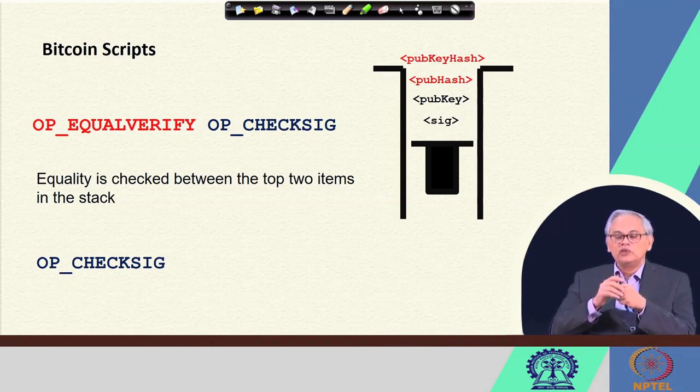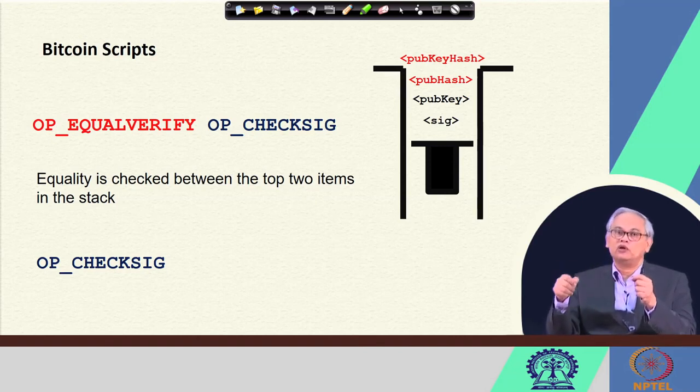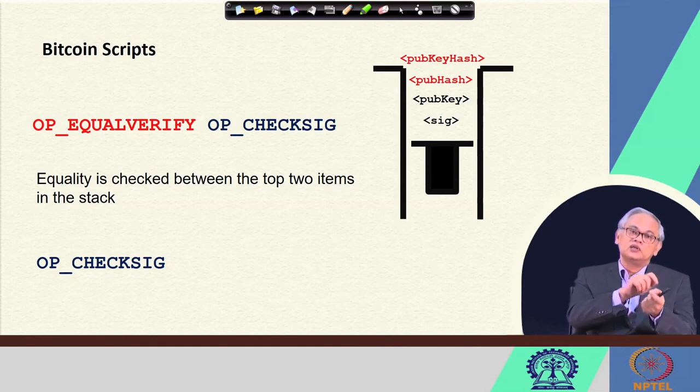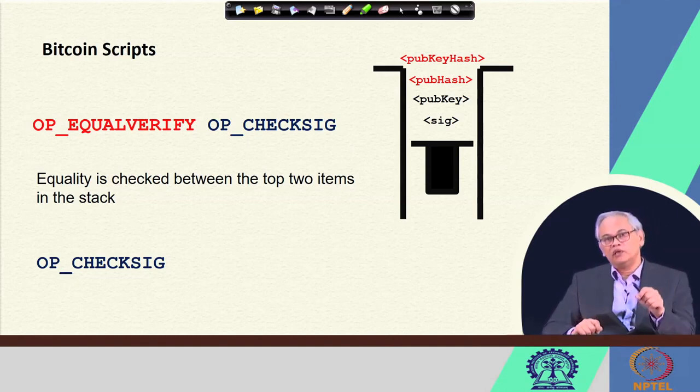And what was that pub key hash? The pub key hash was the one that was included in the script pub key by Alice. And how did she get it? That was the hash of the public key of Bob that he had shared with Alice to make the payment to.